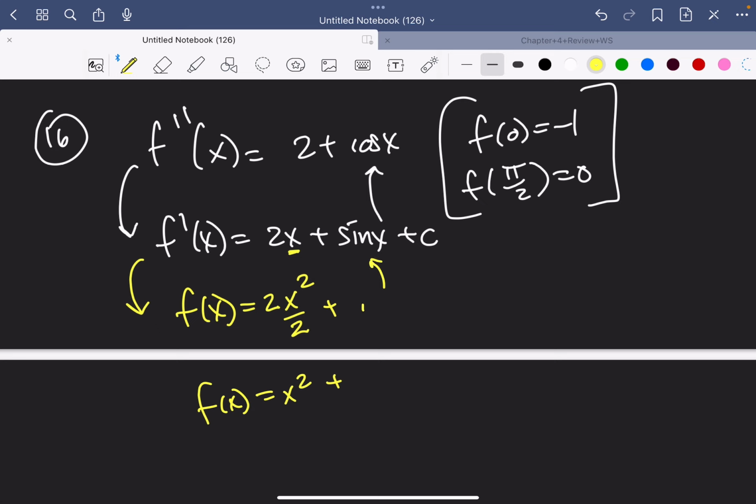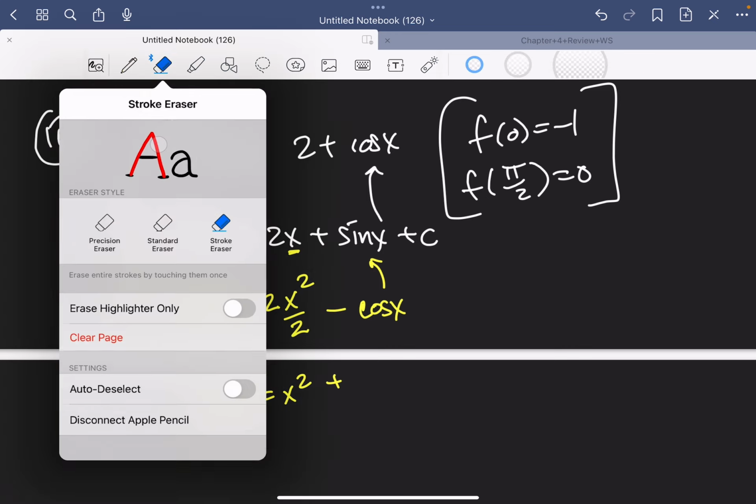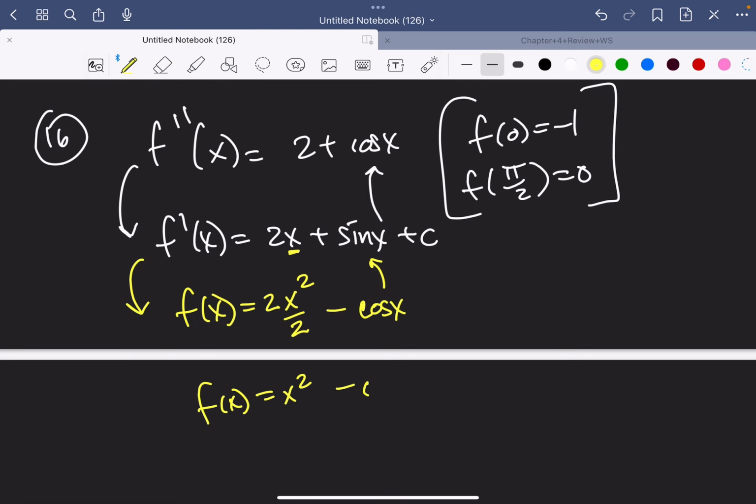Well, I could say cosine, but cosine is going to give me negative sine, so it's going to be negative cosine. So it's going to be negative cosine, and don't forget your plus c, right? But actually that c gets an x, and your new coefficient is actually plus d.